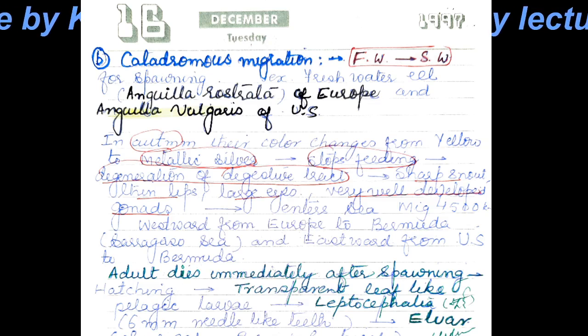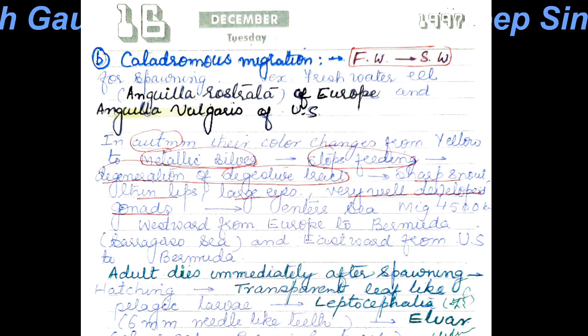After metamorphosing in this manner, they enter the sea and migrate about 4,500 kilometers westward from Europe to Bermuda, which is in Sargasso Sea, and eastward from US to Bermuda.